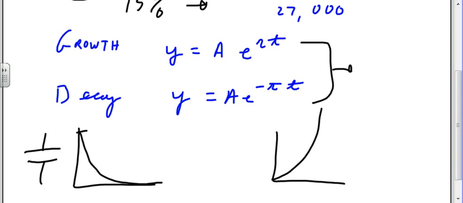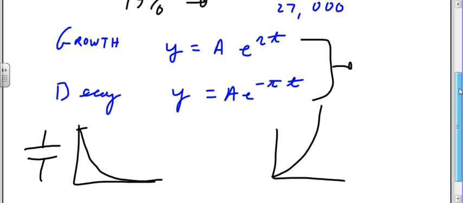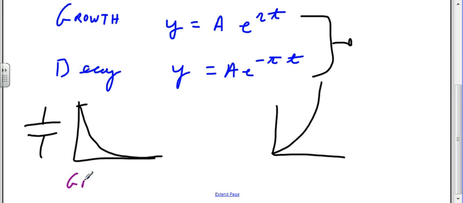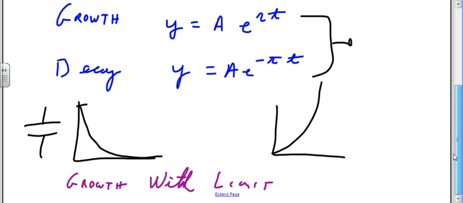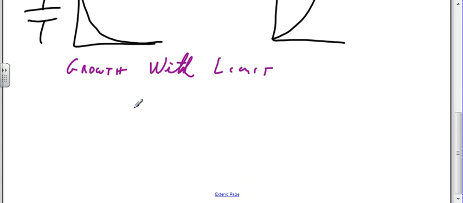But we have growth with a limit. So I turn the page and I find an equation, and y is a times 1 minus e to the minus rt, where a is the amount that I started with.